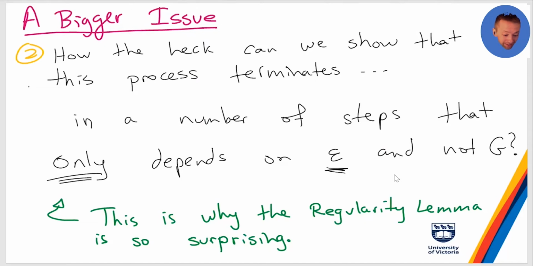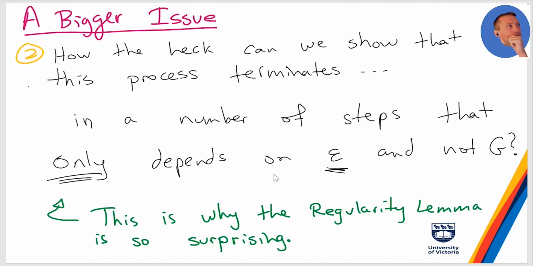But this is supposed to work for any size of graph. So if the number of parts is a tower of height some function of epsilon, but I have n vertices, and n can be anything, the parts actually aren't that small, and there's not that many parts compared to the number of vertices, because the number of vertices could be much larger than that. So this has to work. The amazing thing about this is it has to work for every graph.